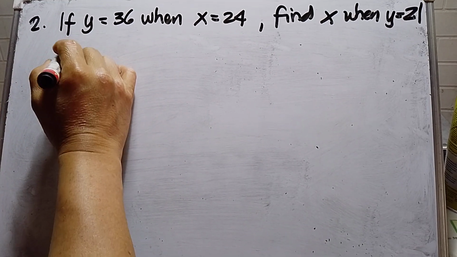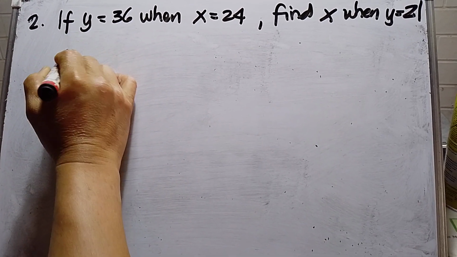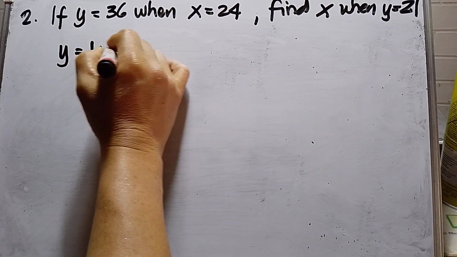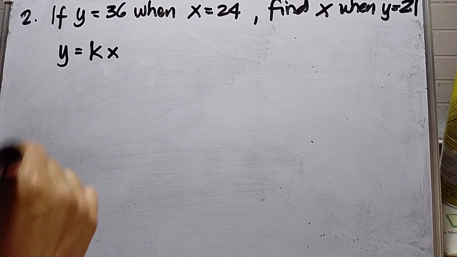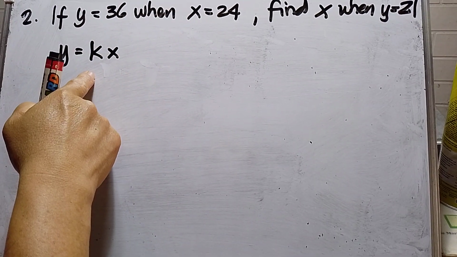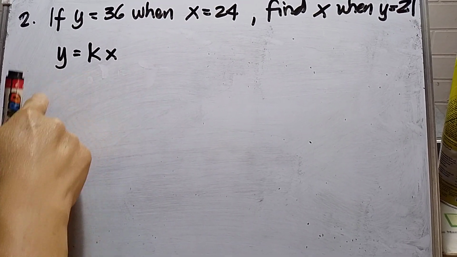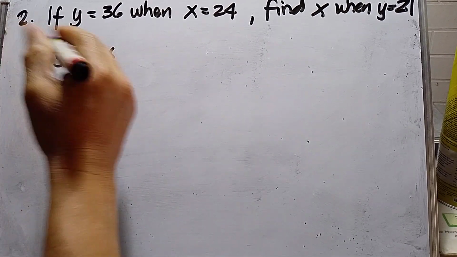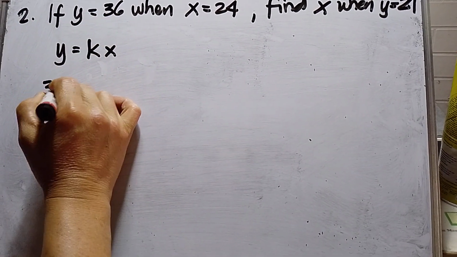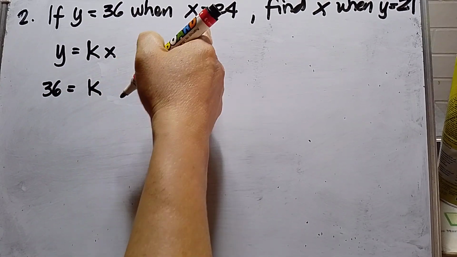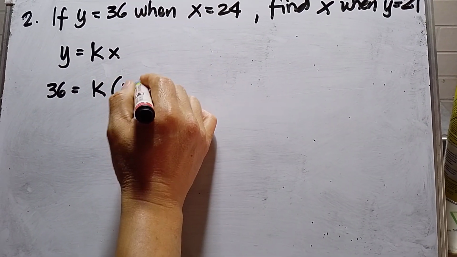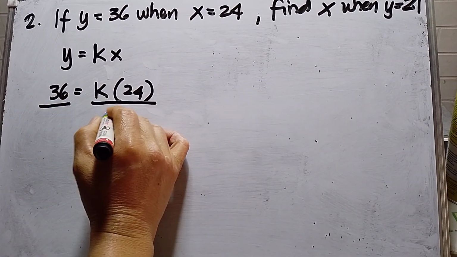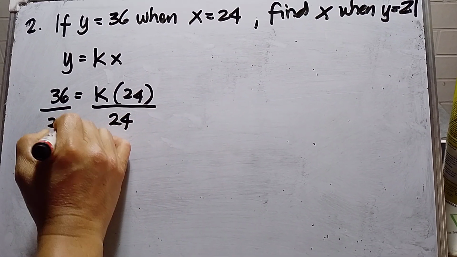So again, the basic formula for direct variation is y equals k times x. So we need to solve for the constant of variation in order to get the equation of the variation. So y, 36, is equal to k times x, 24. To solve the value of k, divide both sides by 24.